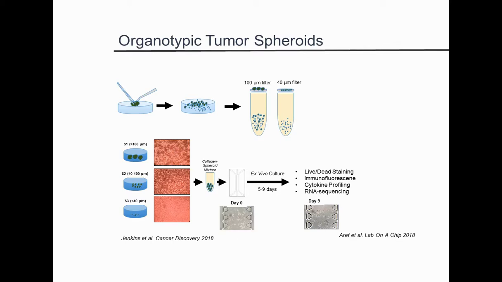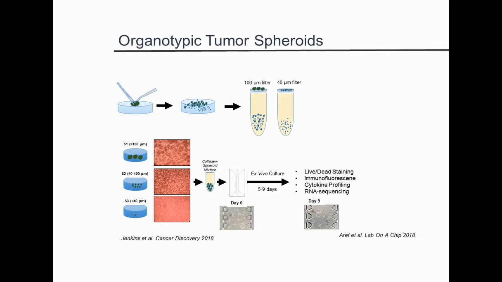So very quickly, I wanted to just show a video, a cartoon of what this looks like in the microfluidic device. So we can see here in this animation a standard microfluidic device with the center gel region flanked by anti-parallel media channels. So the spheroids, the tumor cells and the immune cells are in these multicellular tumor spheroids in this center gel region suspended in just a couple microliters of collagen.